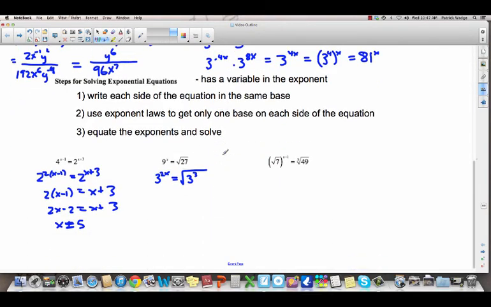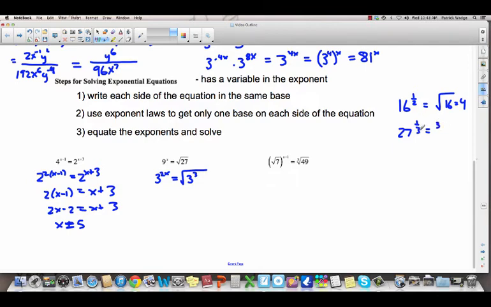Do you remember what a fractional exponent means? For example, if we have 16 to the 1/2, that's the same as the square root of 16, which is 4. How about 27 to the 1/3? That's the same as the cube root. That 3 is the root.